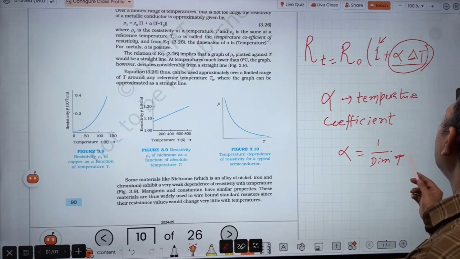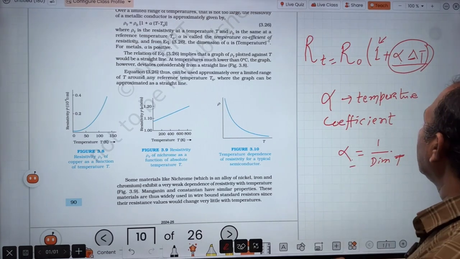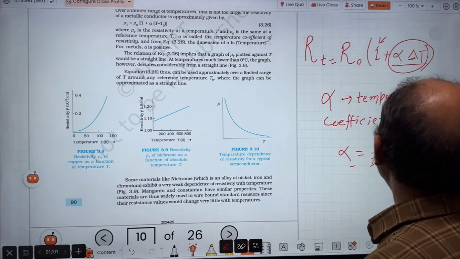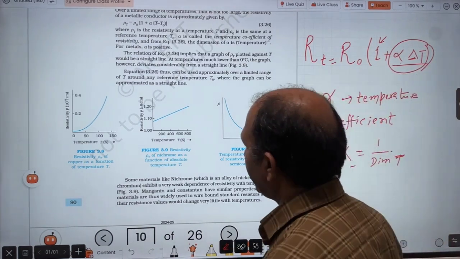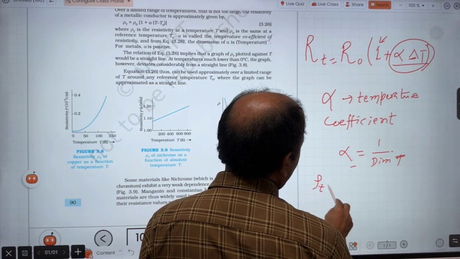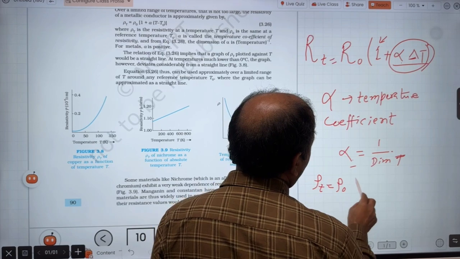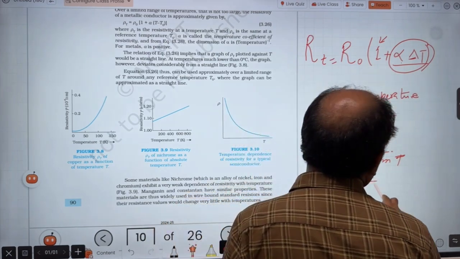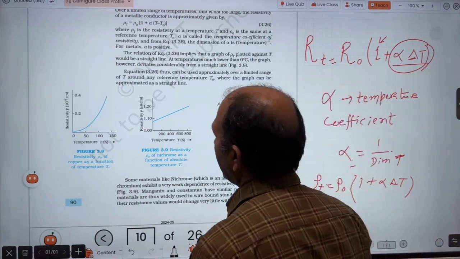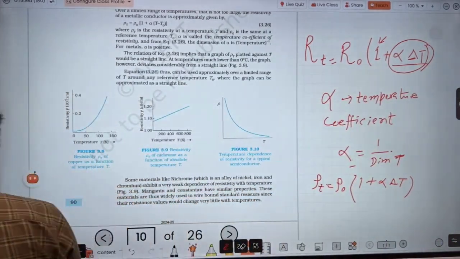Temperature is measured in Kelvin, so alpha must be either in Kelvin^-1 or degree centigrade^-1. Anything can be used. The same is true for resistivity: resistivity at a certain temperature equals resistivity at 0 degrees times 1 plus alpha delta T. Such relations we will study and do some numericals based on them.